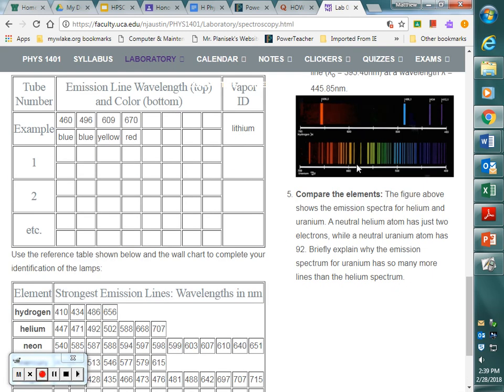There it is. See it? So, lots, right? Lots of electrons jumping, right? Lots of different transitions that it can make.